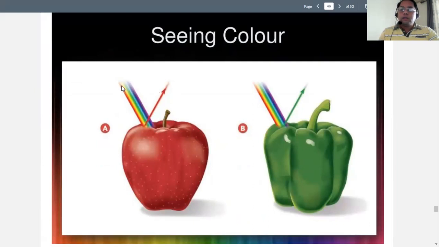The rest of the colors are absorbed, but only the red one is being reflected. That's how you see this red color of the apple. Now this one is a pepper. So green is being reflected, and the rest of the colors are absorbed, so therefore you will see the color green.